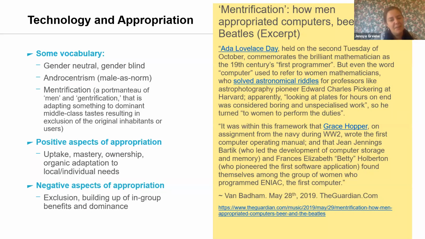So this I thought was interesting. I didn't know this until just a year or so ago, but originally the word computer referred not to a machine, but a person. It was usually a female mathematician who would perform astrological calculations for male scientists.